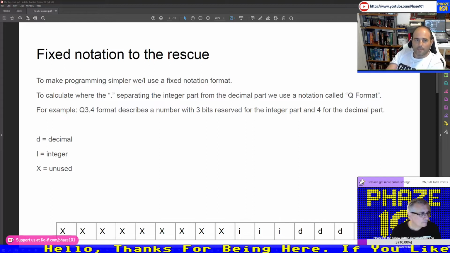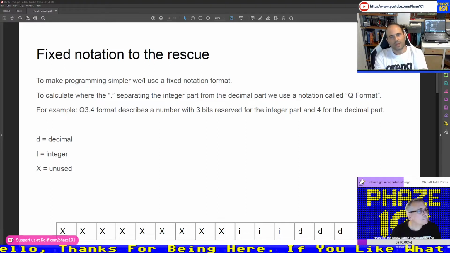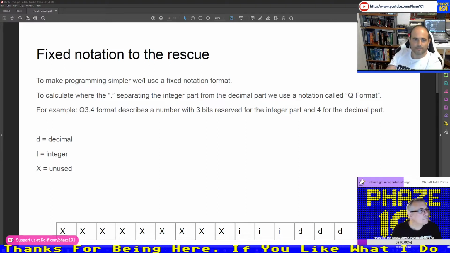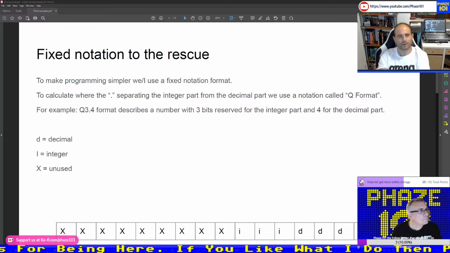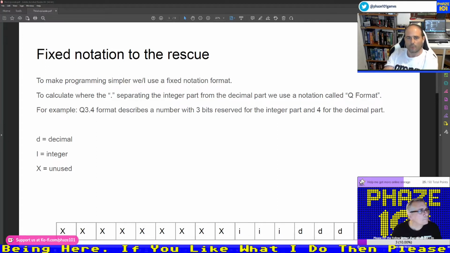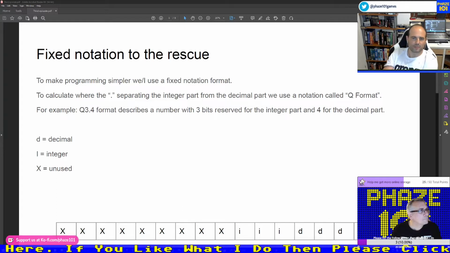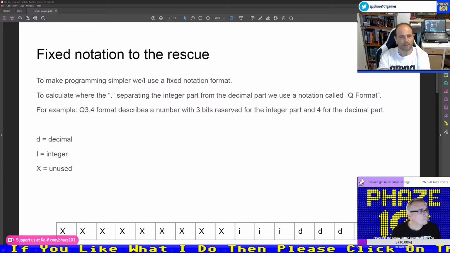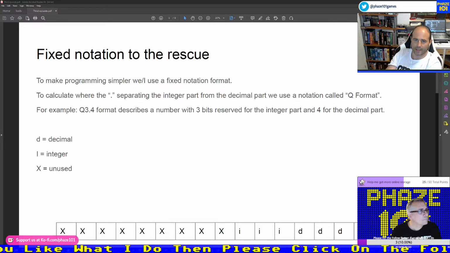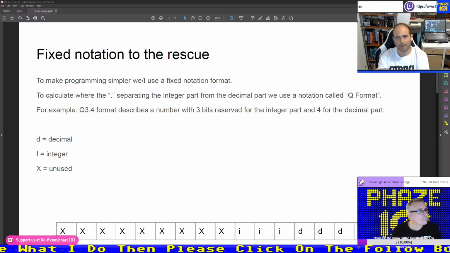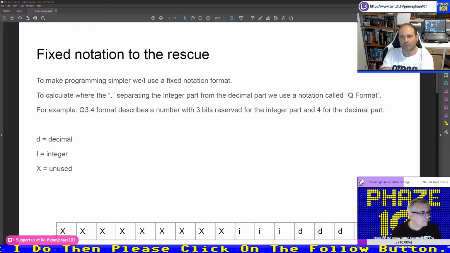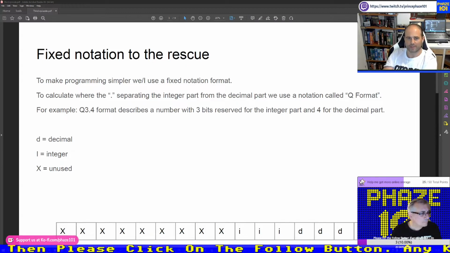So there is this thing called fixed notation. To make the programming simpler, we will use a fixed notation format. We define the dot, separating the integer part from the decimal part, and we use a notation called Q format.